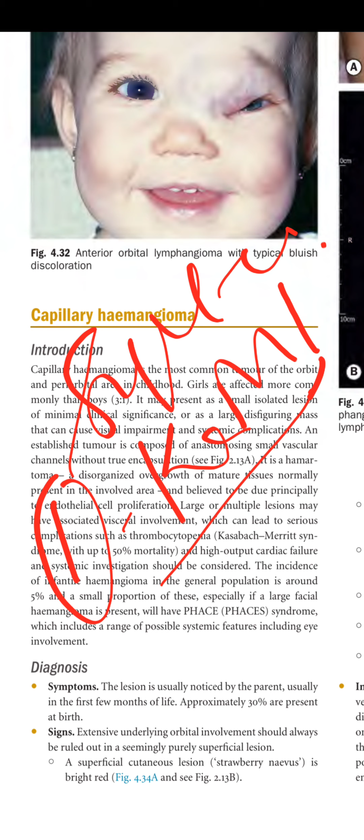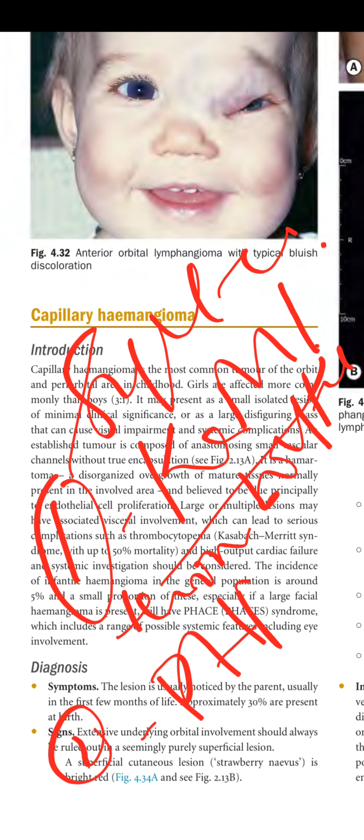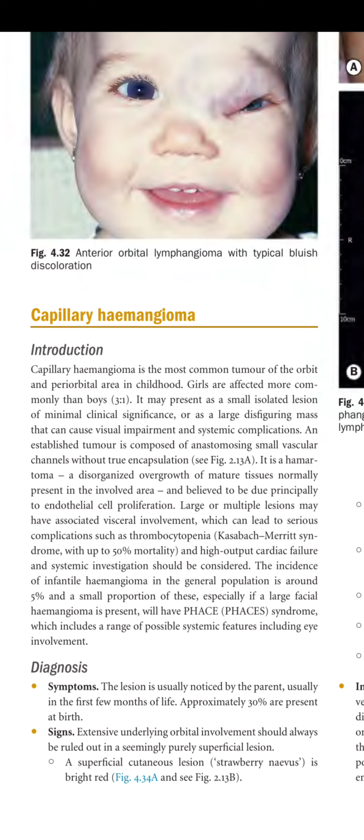Basically, in this there is thrombocytopenia and there is high output cardiac failure with it. Next is PHACES syndrome. PHACES syndrome involves different organs that also have a capillary hemangioma, especially if a large area of the face is involved. You can say that it can be PHACES syndrome, but there are other anomalies as well. It can be heart, it can be chest, it can be eyes as well.